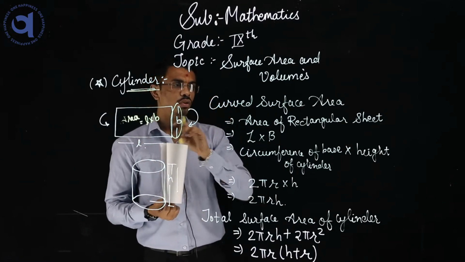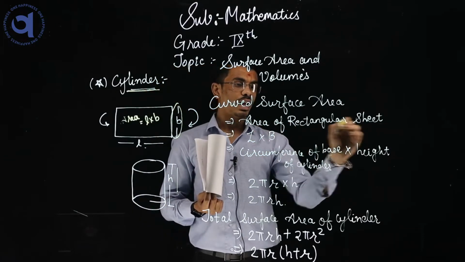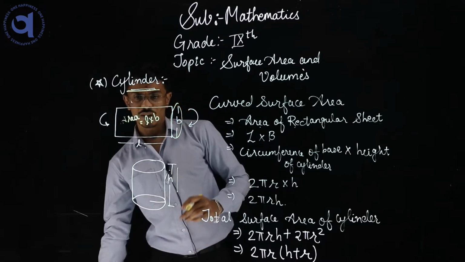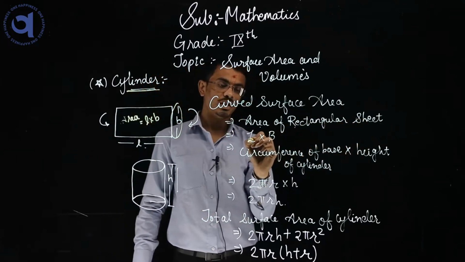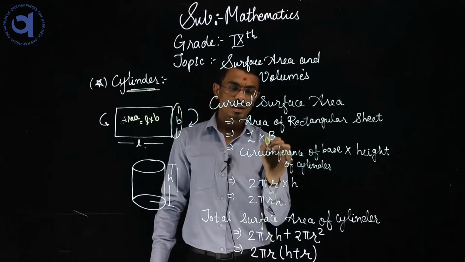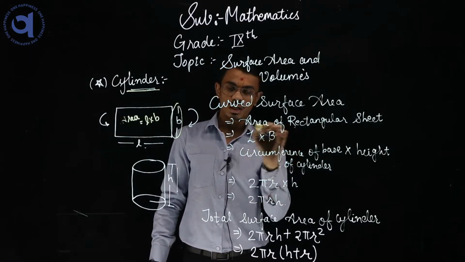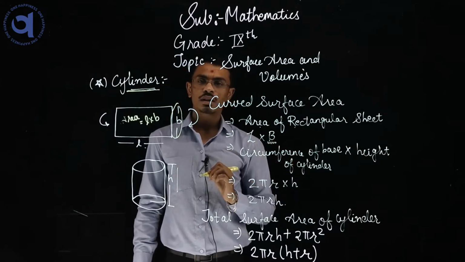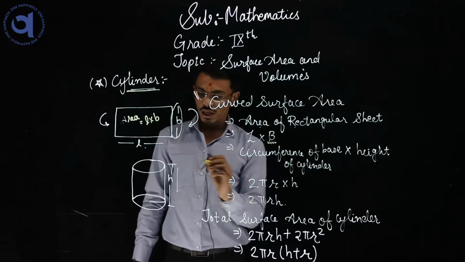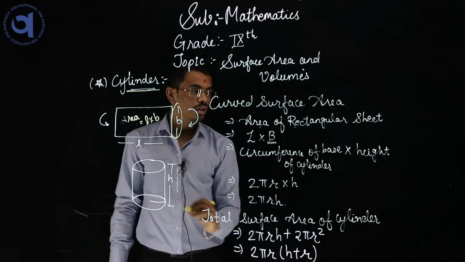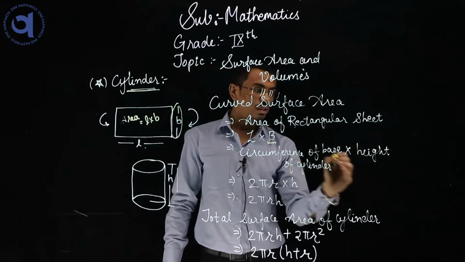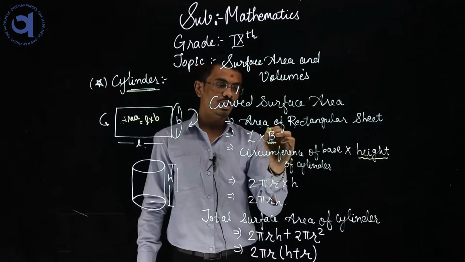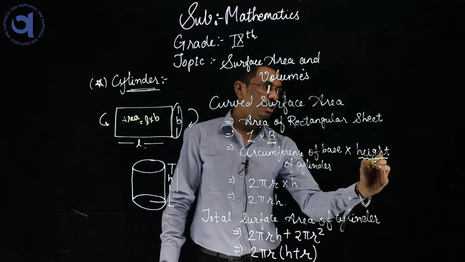So in the formula, we are taking the area of a rectangular sheet, and that formula is length into breadth. This length into breadth is converted into a cylindrical form. The breadth part is converted into the cylinder's height, so in place of breadth we write height. First conversion is done: breadth is converted into height.